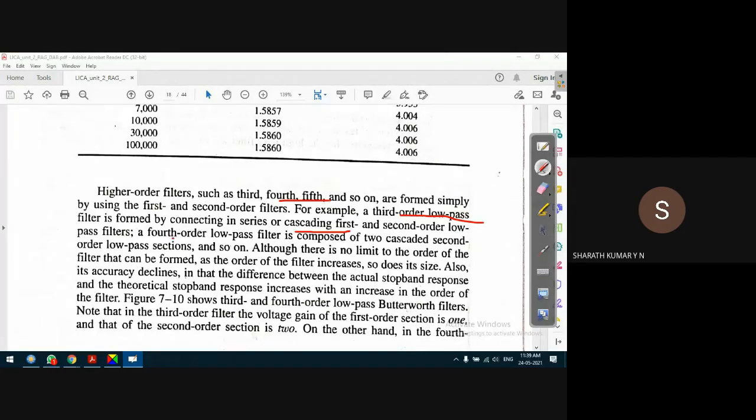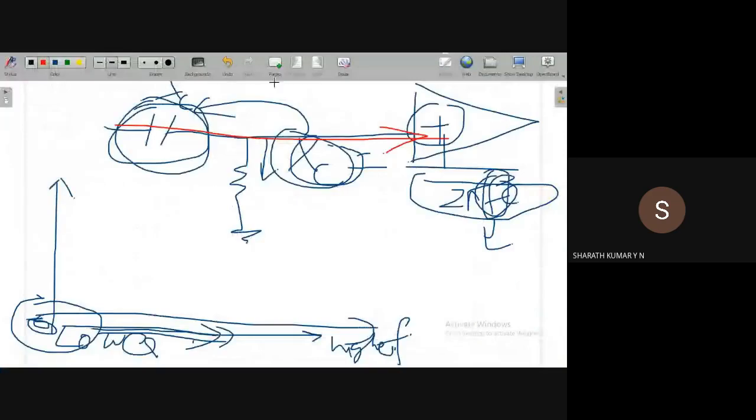Similarly, a fourth order low pass filter is composed of two cascaded second order low pass sections. That means it's something like this. Let's say, for example, we need to design a fourth order filter. In that case, we can use two second order low pass filters in series.